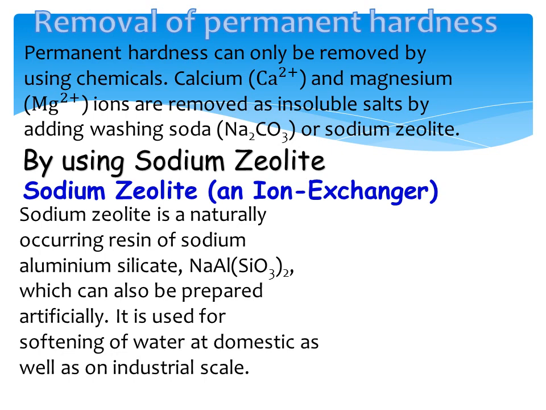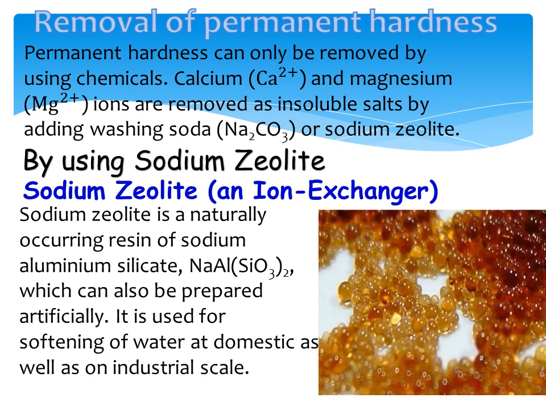The question arises: what is actually sodium zeolite? Sodium zeolite is a naturally occurring resin of sodium aluminium silicate, and the formula is NaAlSiO3 twice, which can also be prepared artificially. It is used for softening of water at the domestic as well as the industrial level.